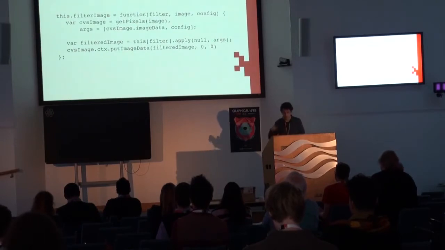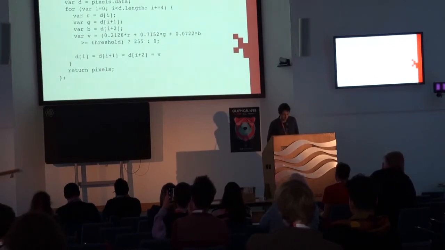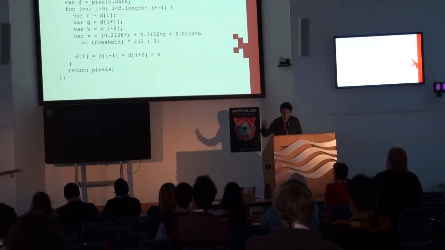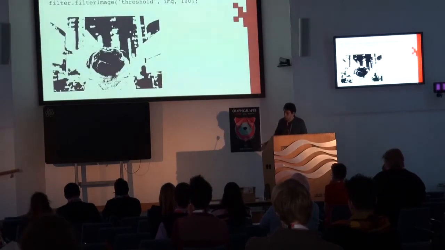Then apply the rule and call a filter function, like this threshold filter. It could be grayscale or another filter. There's no secret in this code: it goes pixel by pixel, applies the rule, and finally returns the pixels.